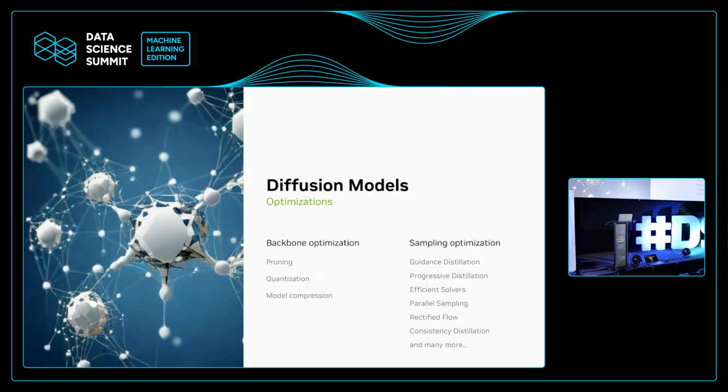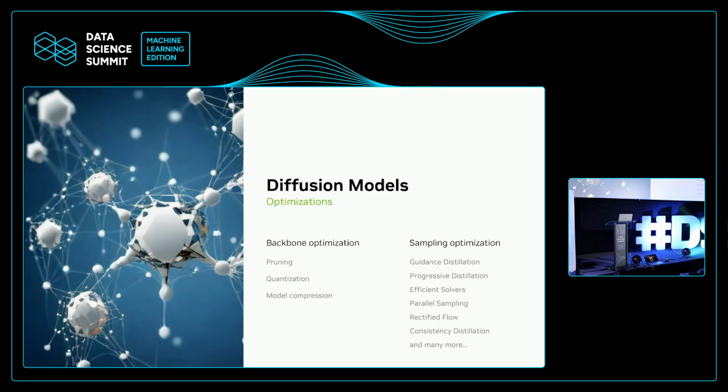There are methods like pruning, quantization, or model compression. On the other hand, there are sampling optimizations. I mentioned before that a diffusion model needs to perform a lot of diffusion steps to generate the final image, and we would like to make them more efficient so that we would require fewer of these steps.